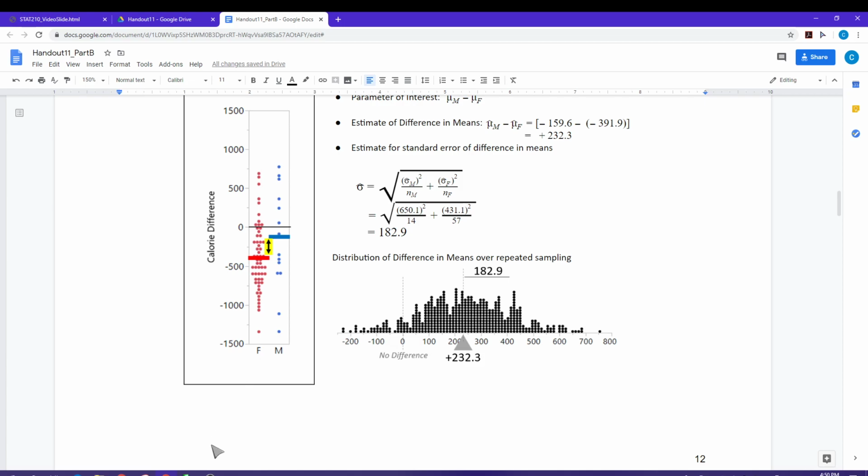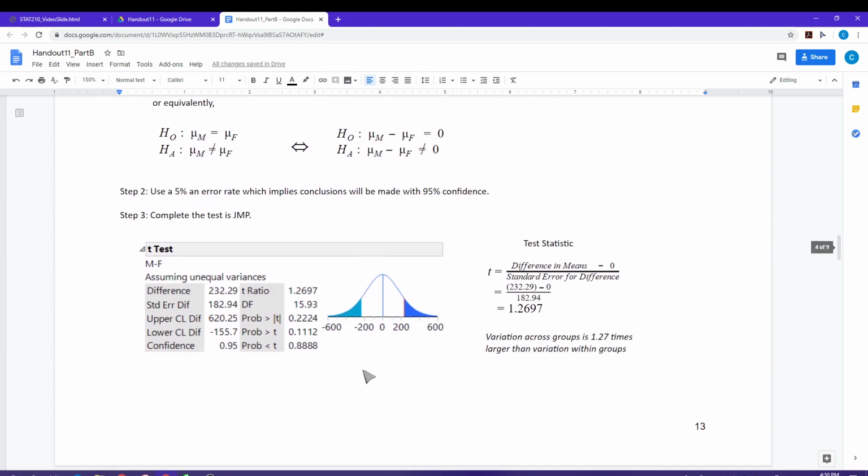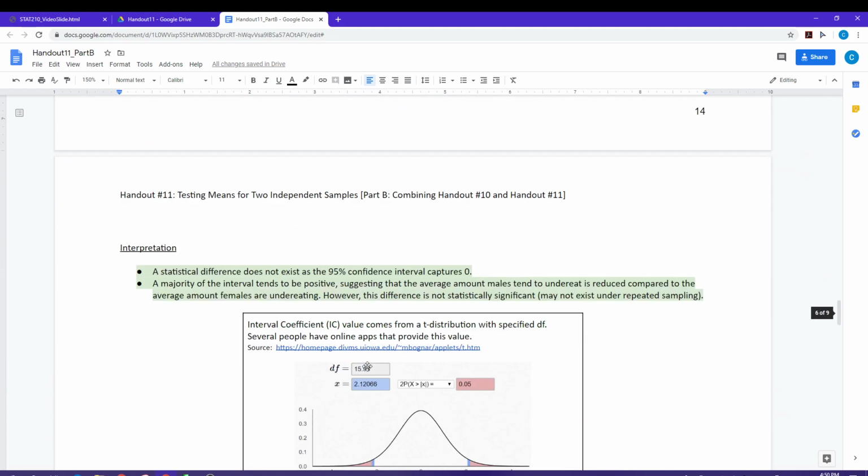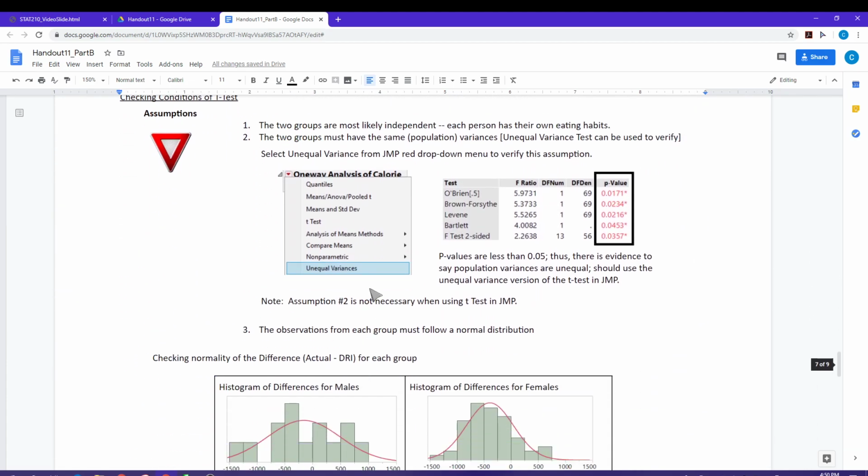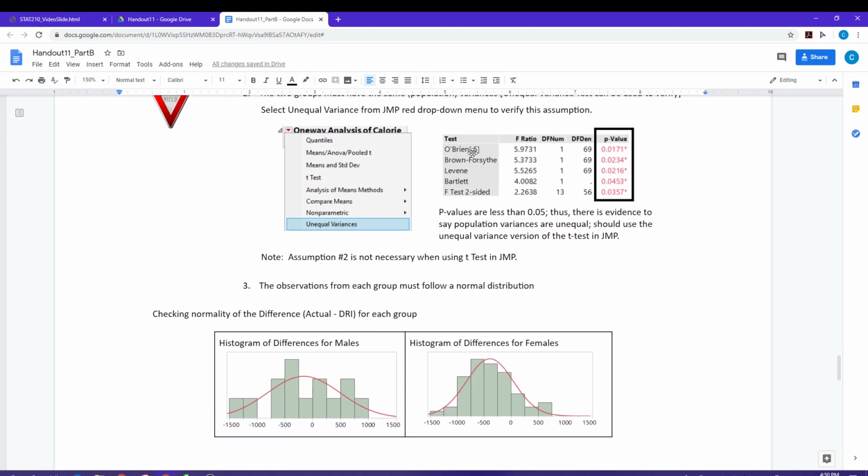So we can actually do a formal test for comparing the two variances. That is done here by just selecting unequal variances from my red drop-down menu. The p-values that are given, there's actually 5 here, 1, 2, 3, 4, 5 different p-values that are given. These are all for testing whether or not the variances are the same.